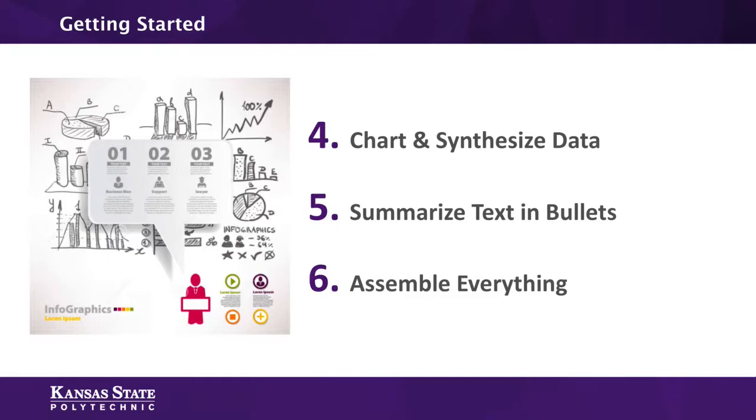It's a good idea to get as much text put down right away in the beginning of the process, but then taking that and trying to figure out what are the most important pieces of text to present in the infographic. A lot of times it helps to just summarize it in bullet points. That'll really help you come up with the overall design of your infographic.